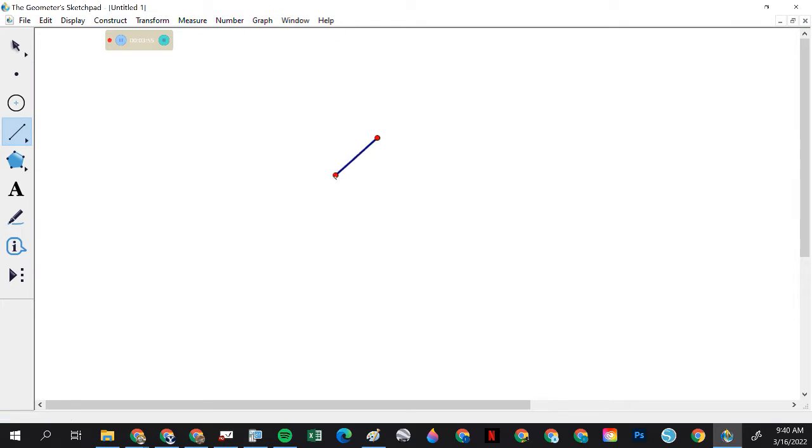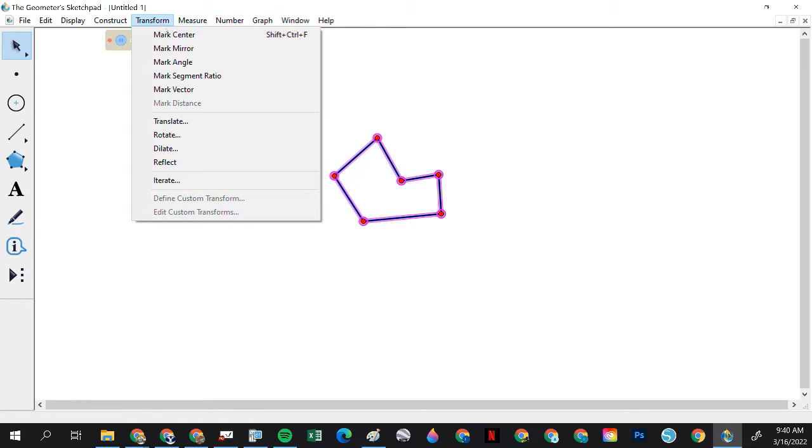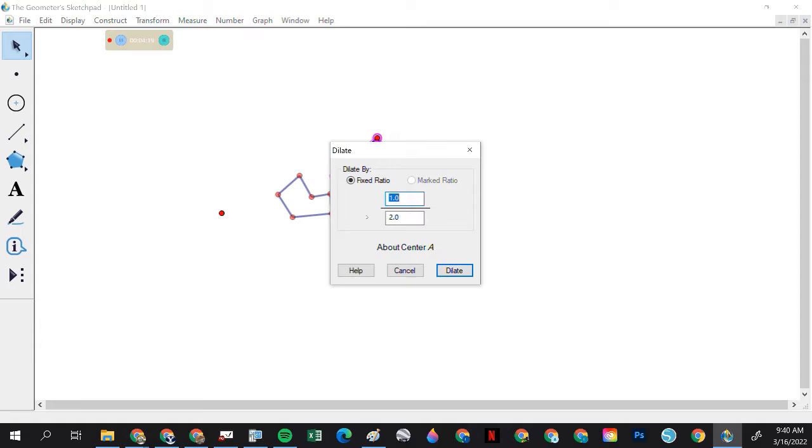All right, so let's build a polygon. Okay, and then I put a dilation point, and I'm going to tell the computer this is my dilation point. And then transform, dilate, and then I have to pick a ratio. So let's say my ratio is 3/1.